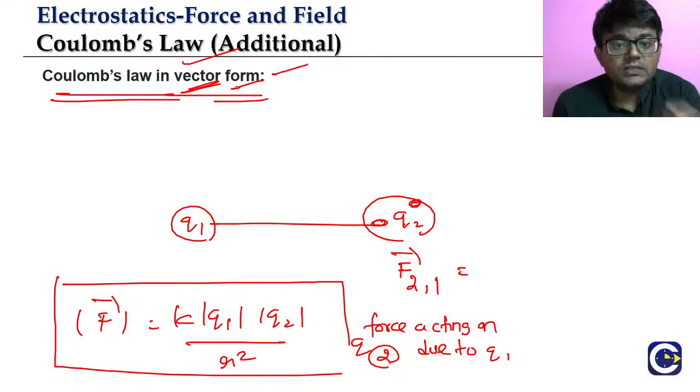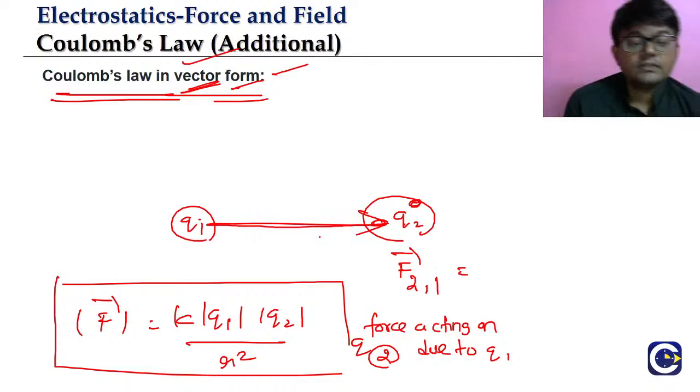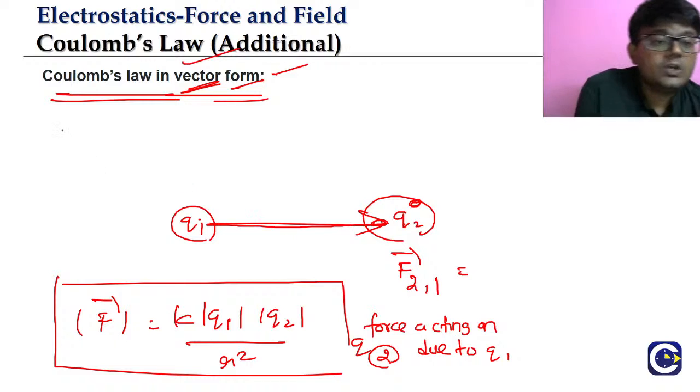But there is an issue here. When you want to express it like a vector, we have to express the direction also. If you look at the two charge locations, we have only one vector that we can use here, the position vector.